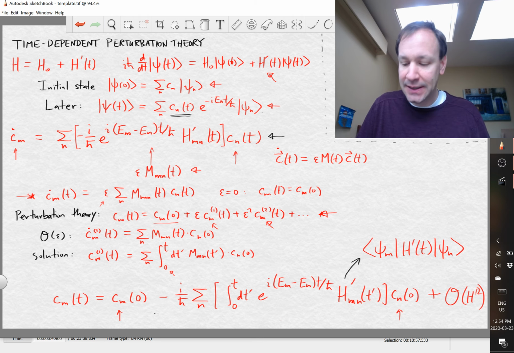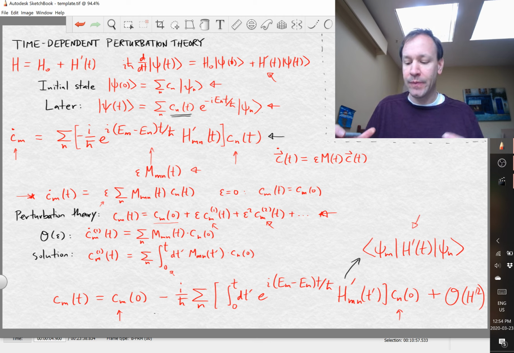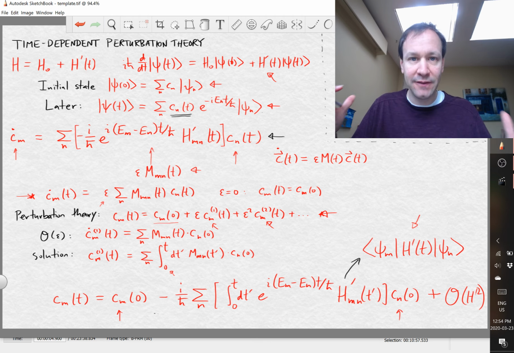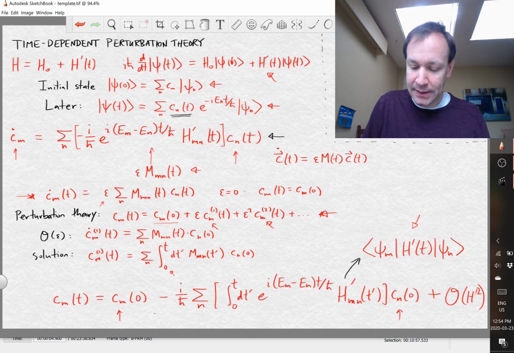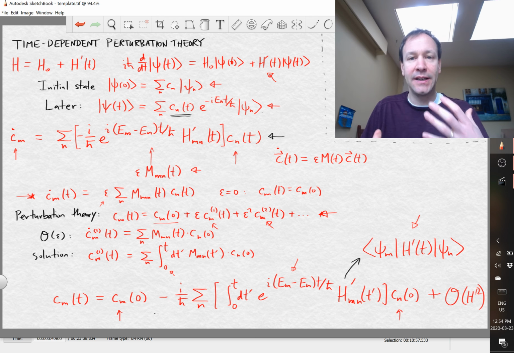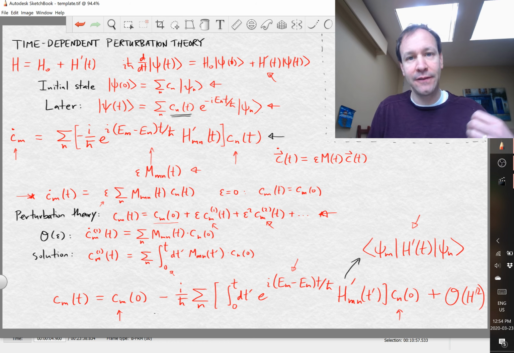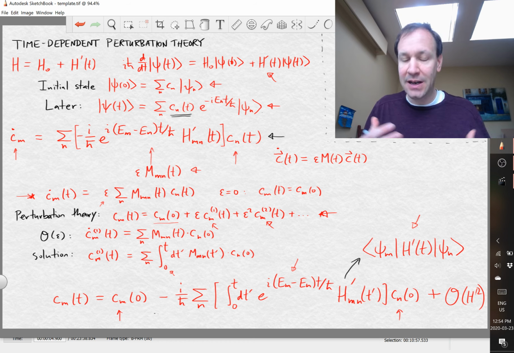Then we need to calculate the matrix elements of our perturbation between the various energy eigenstates of the system. And we're assuming we already know the energy eigenvalues for the unperturbed system. So now we know everything in this equation.